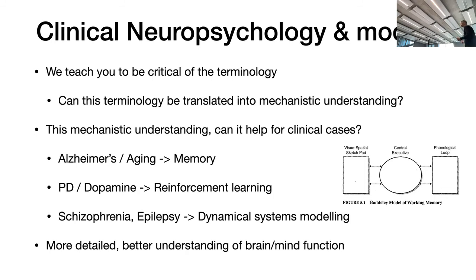Nowadays, there's still a lot of brute force. This drug helps because, something in the 60s, I don't know, and then people use it because it works, but there's no real understanding. And the hope is that this type of modeling allows you to take this from the top down.